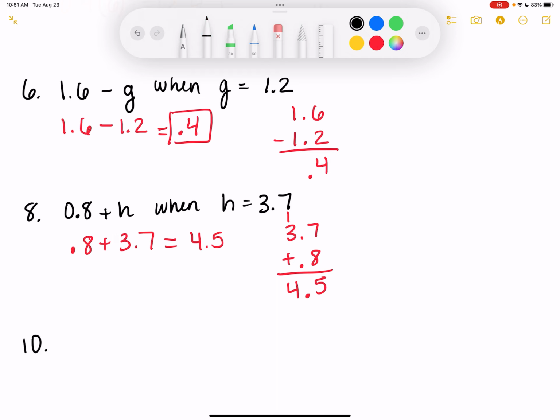Let's see, another one. Number 10. We have t over 5, which means t divided by 5, when t equals 4.5.